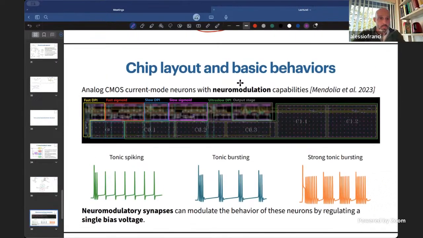Probably I will update the presentation to put a better figure where you can see more of what the chip design looks like. But let me do it now.